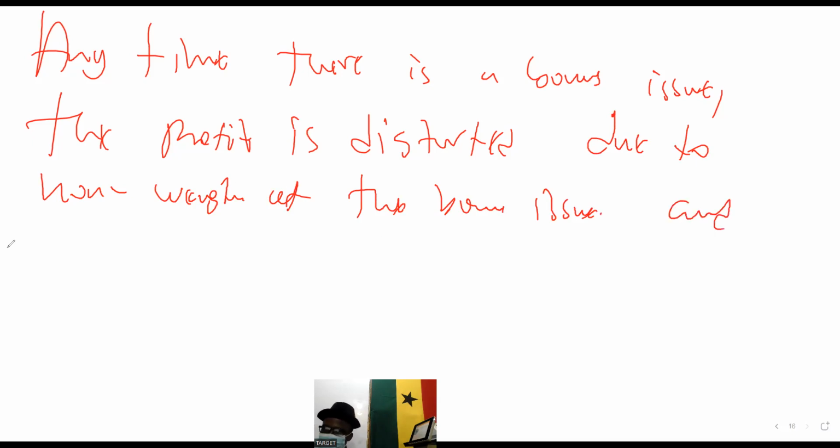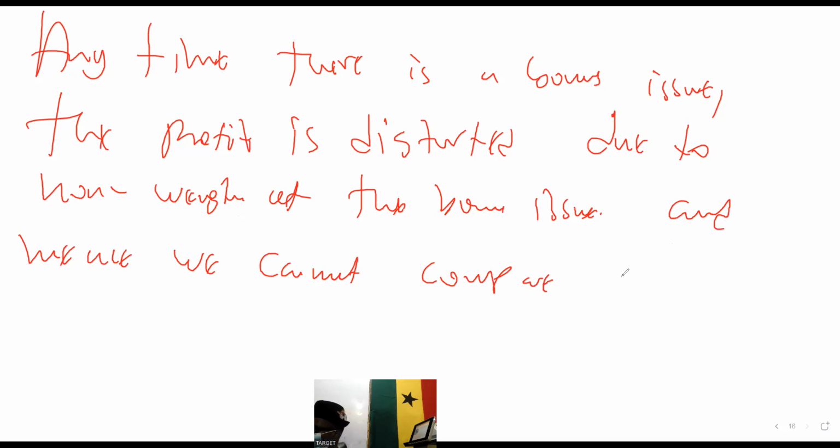And hence, we cannot compare the earnings per share with bonus issue with the earnings per share without bonus issue. You can't compare.